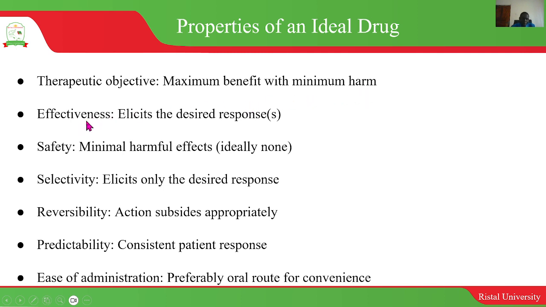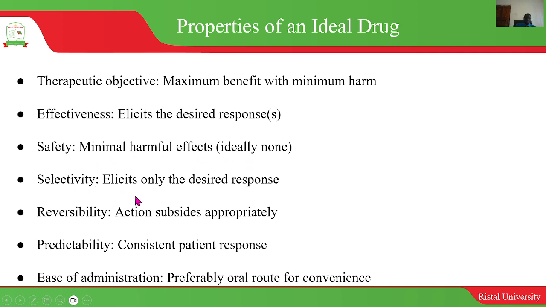These drugs will also be effective. That means the drug elicits the desired responses. There should also be safety. We need minimal harmful effects, though ideally it is none. But at least the aim is that the drug should be safe. So the safety of the drug means it is able to achieve its therapeutic objective with minimal harmful effects.